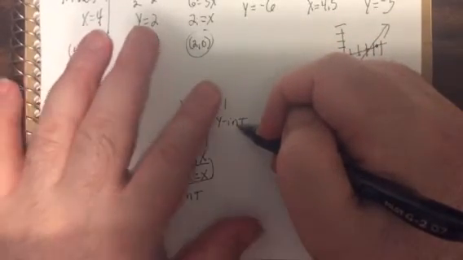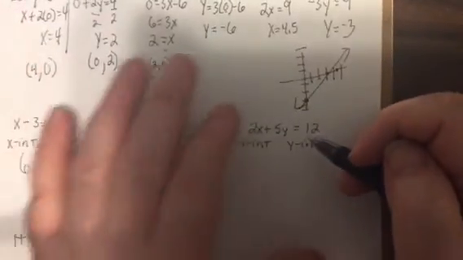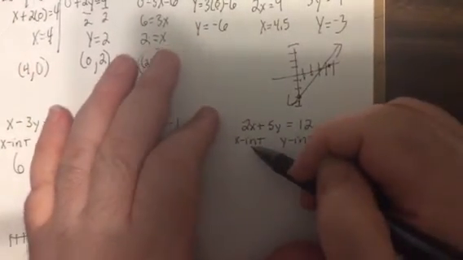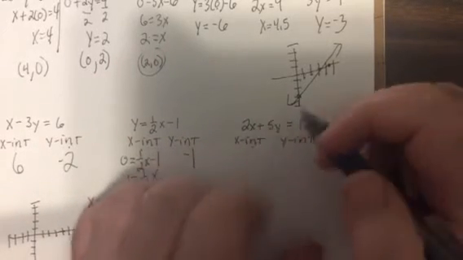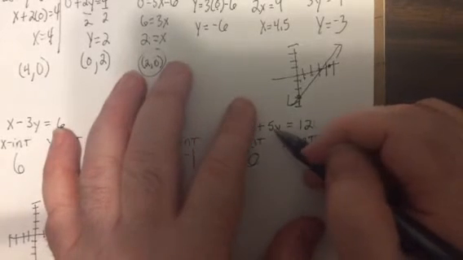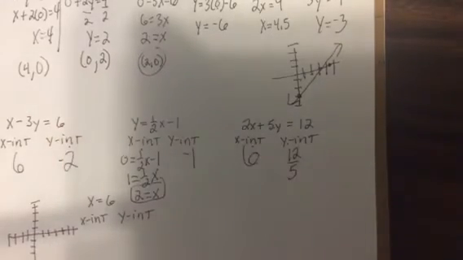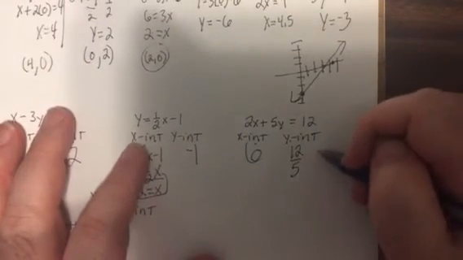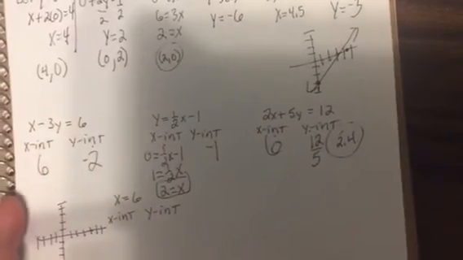Y-intercept, put 0 in for x, so it's just -1. Easy peasy chocolate cow. X-intercept, put 0 in for y, so 2x equals 12, so x is 6. Y-intercept, put 0 in for x, so that'd be 12/5. So 2 2/5 or 2.4. I do believe, if I'm thinking right.